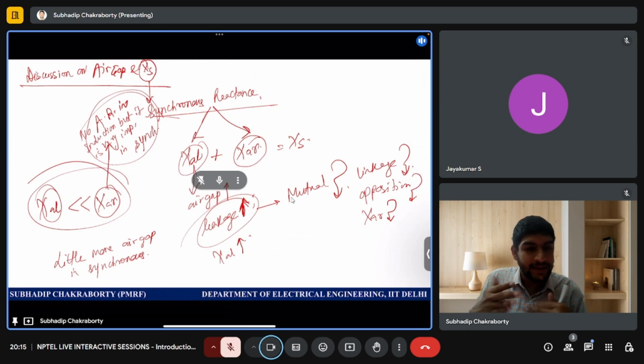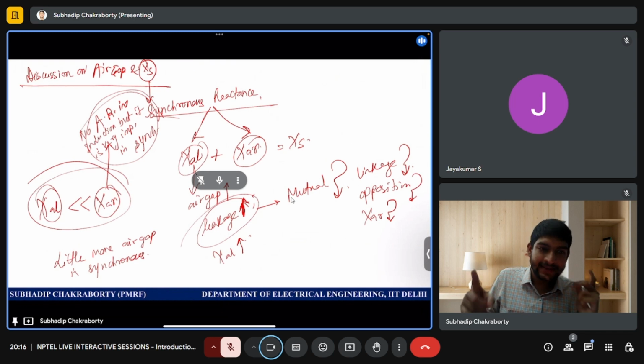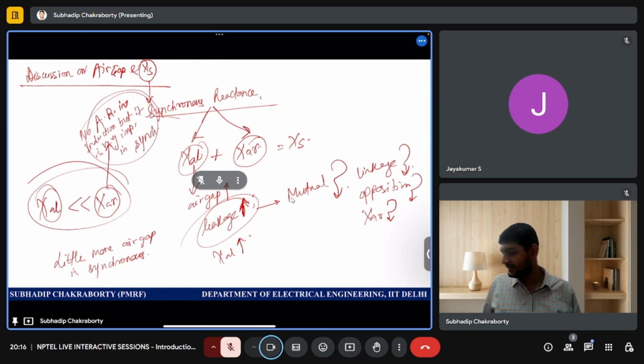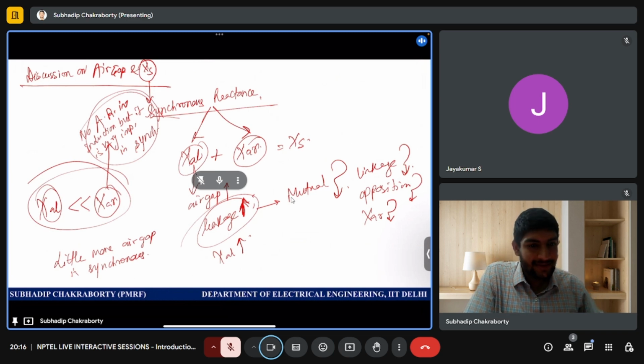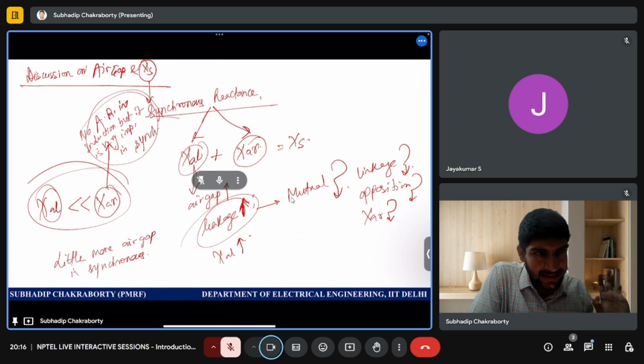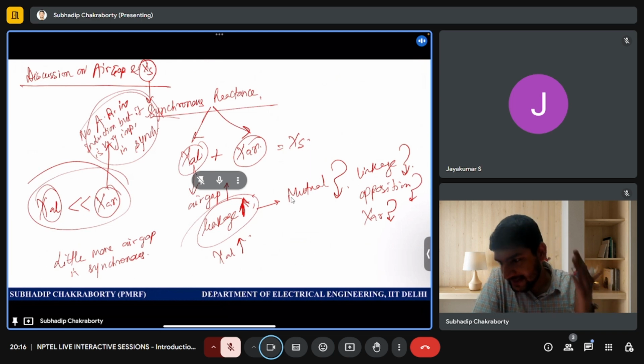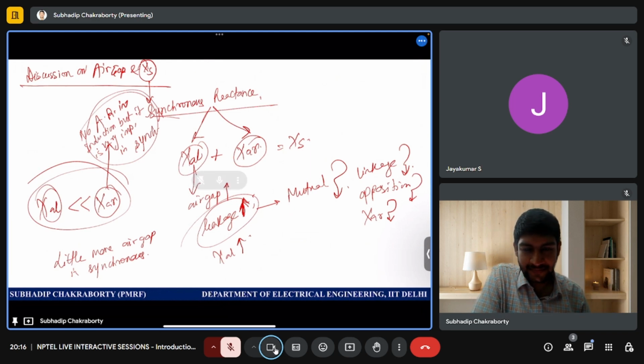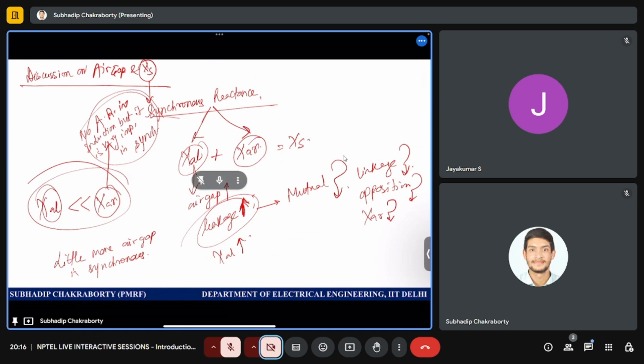We can compensate for it. But additionally, one more advantage we are getting. Can you tell me what? By increasing slightly the air gap, okay, we can compensate for the loss, but some gain is happening. What is that gain? I want to hear that. Some gain is happening.